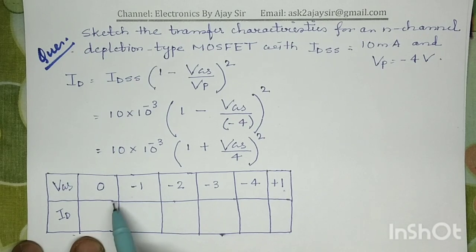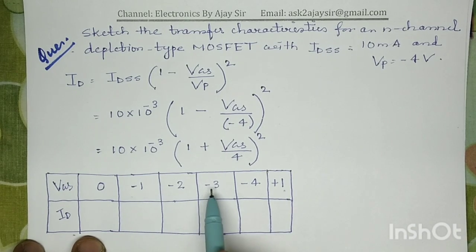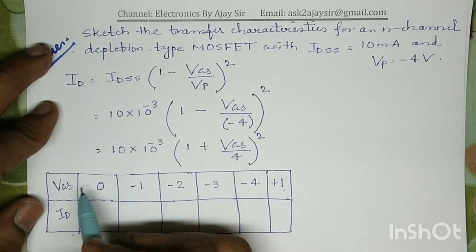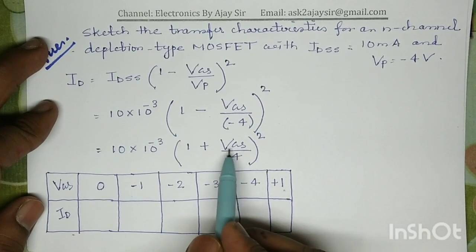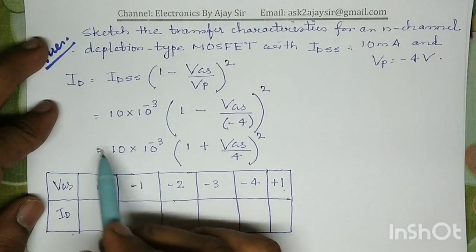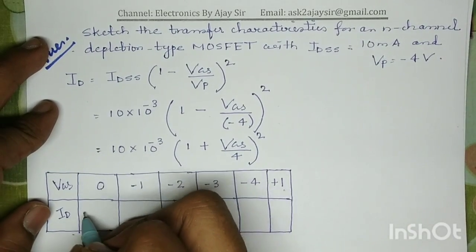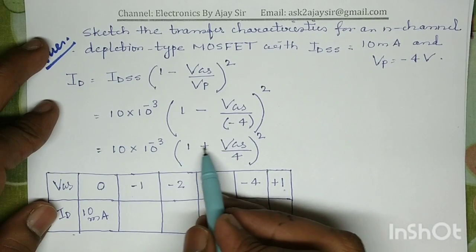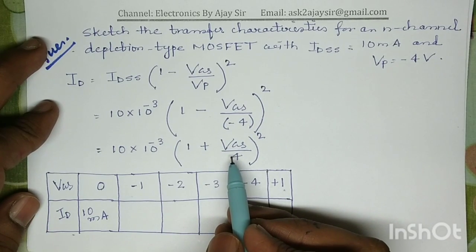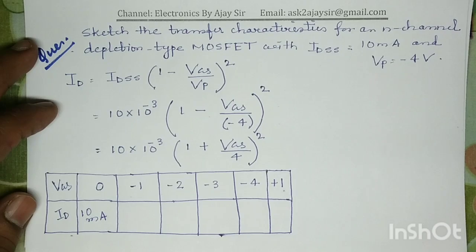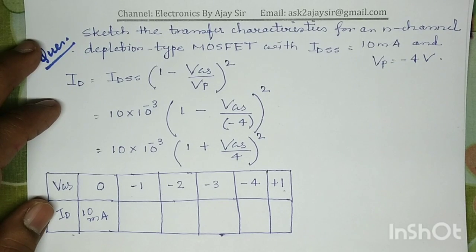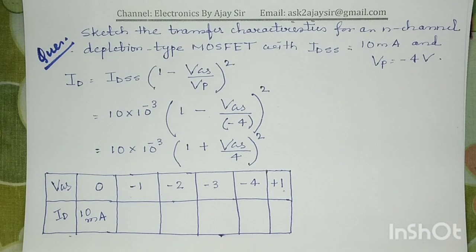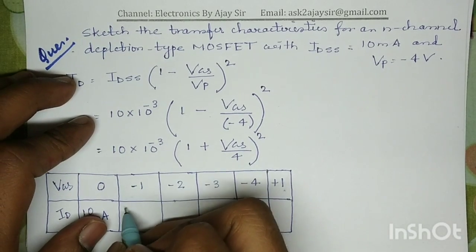You can take other points like -0.5, -1.5, -2.5, +0.5, +1.5 and so on. First, for VGS equals 0, if you substitute in this equation, ID becomes 10 milliampere. If we substitute VGS equals -1, 1 minus 1 by 4 is 3 by 4, square of it is 9 by 16. On simplification it gives 5.625 milliampere.